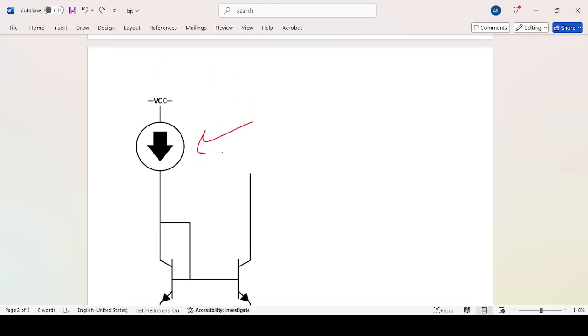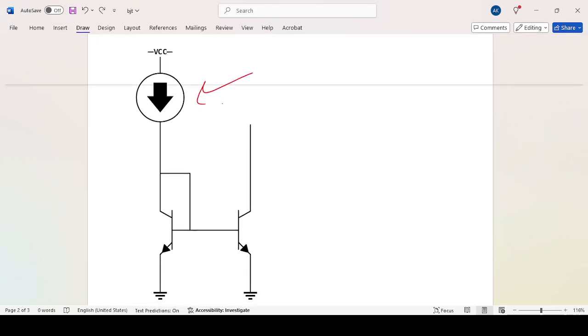So you can have a current which has a relation with the current reference in some way, but there is a difference between this circuit and CMOS.